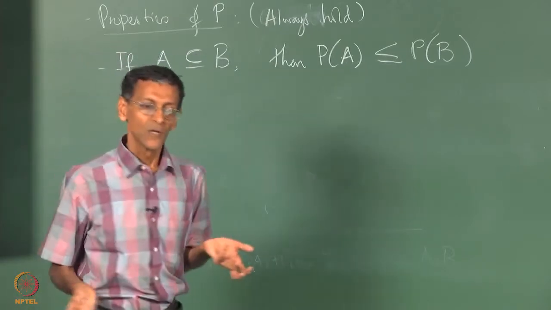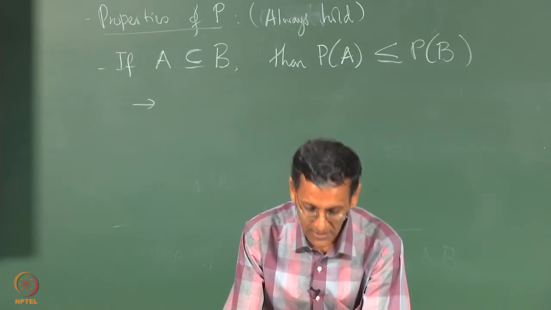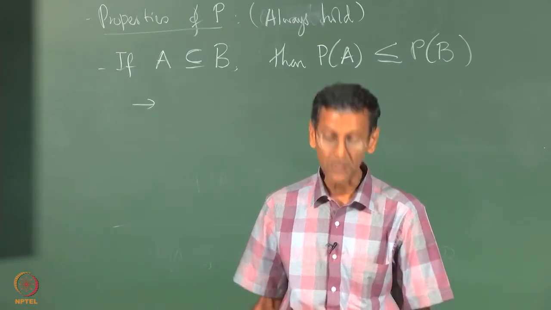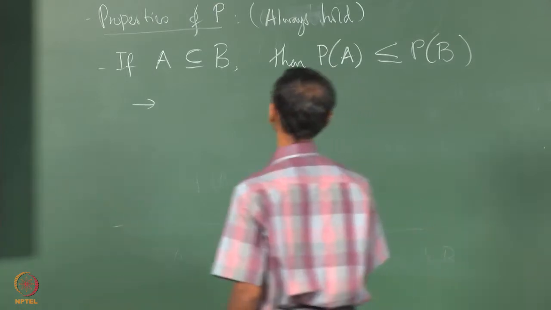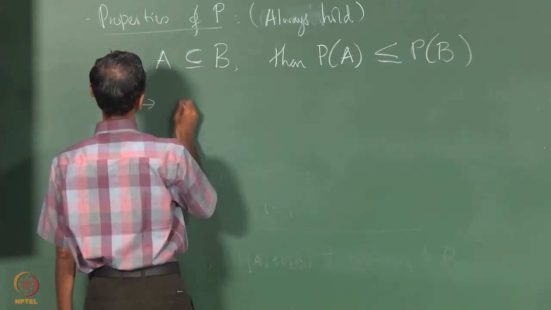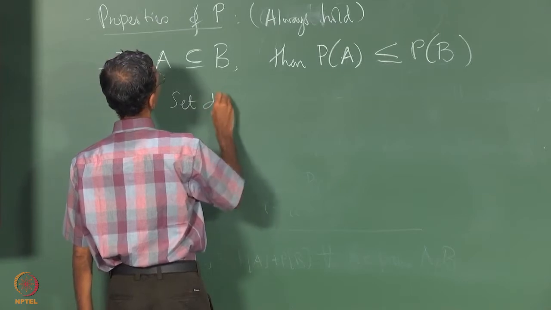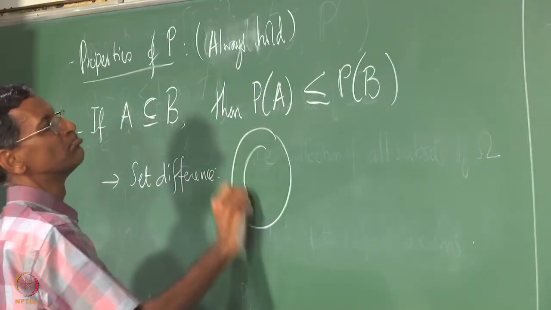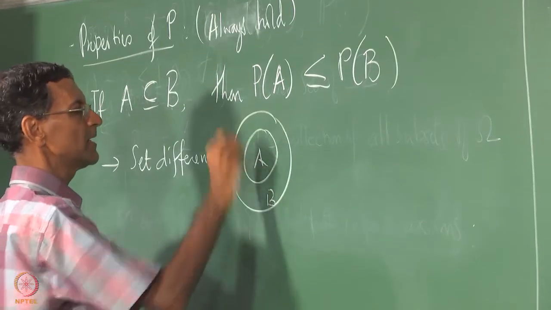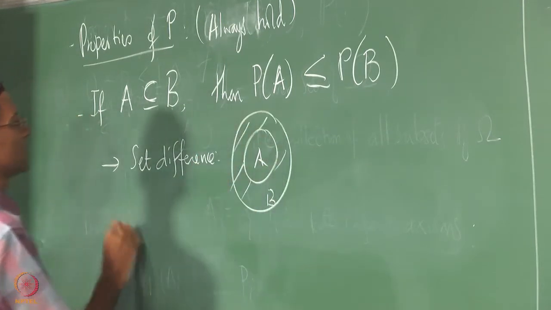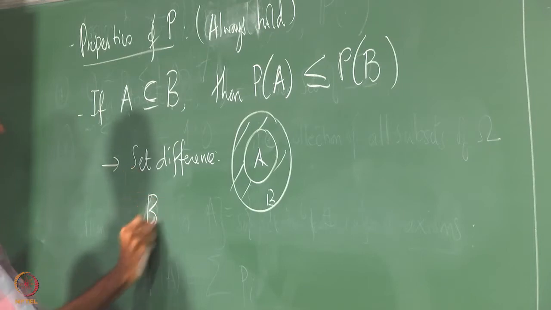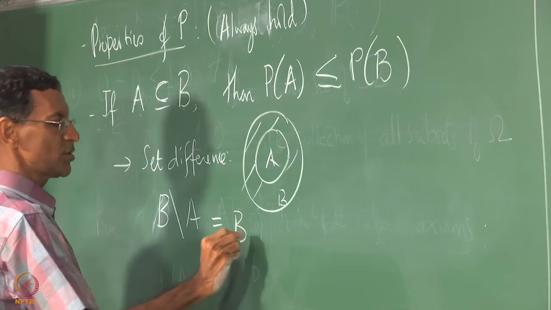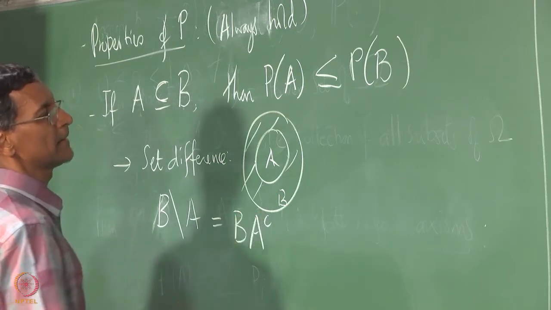The set difference in such cases is clearly the set of points in B but not in A. This is A, this is B, this is the set difference. So B excluding A is basically B intersection A complement.